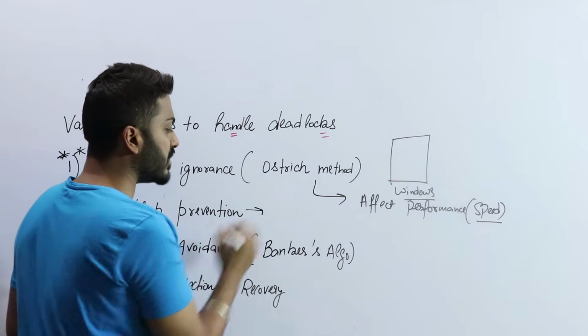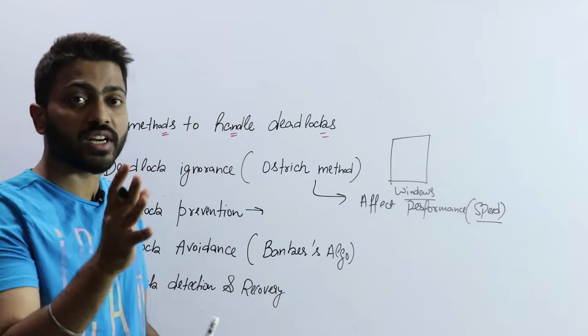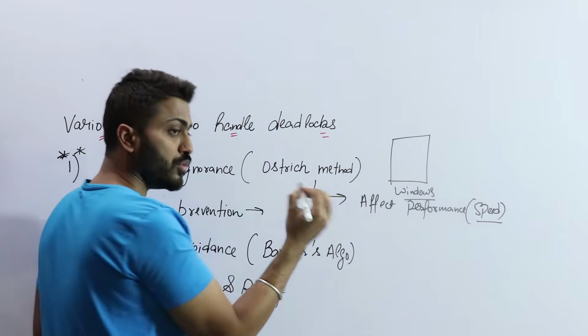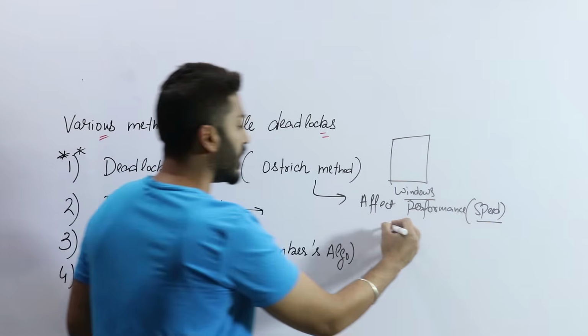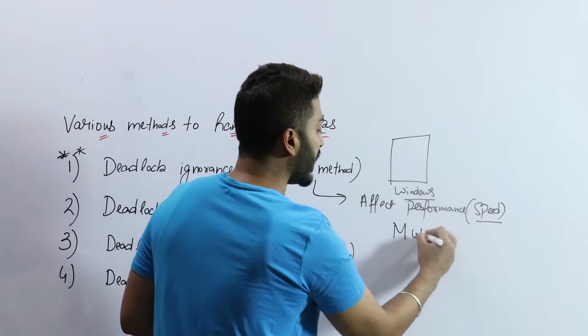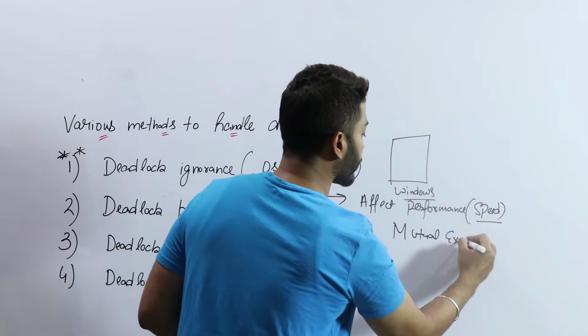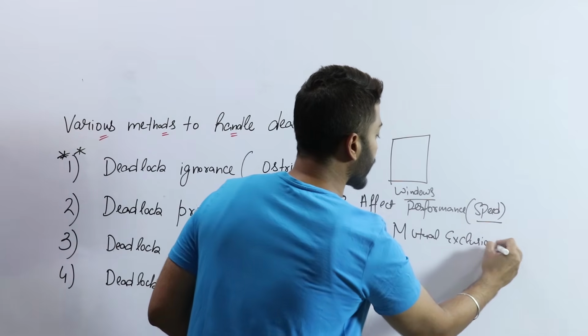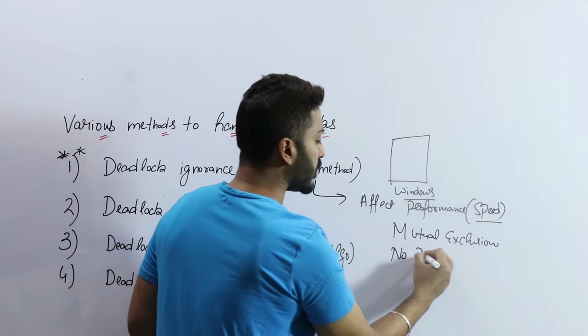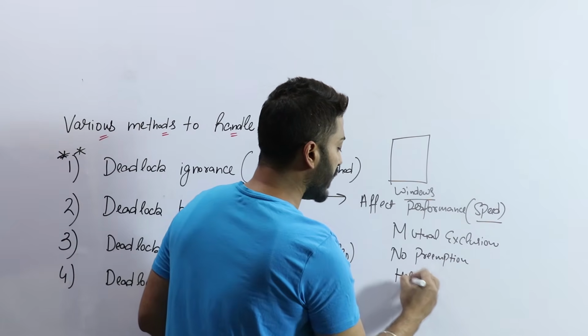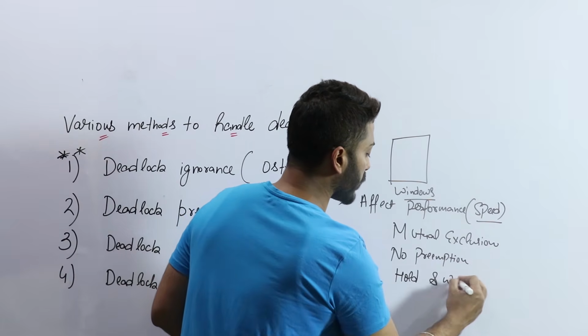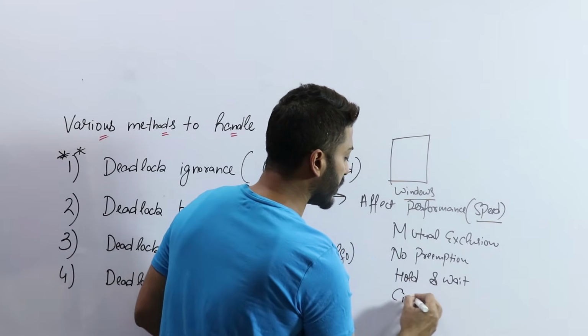The main preventions are the 4 necessary conditions. The necessary conditions are, I am just writing, mutual exclusion, no preemption, hold and wait, and circular wait.